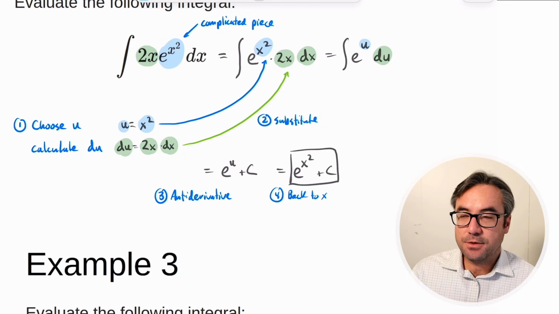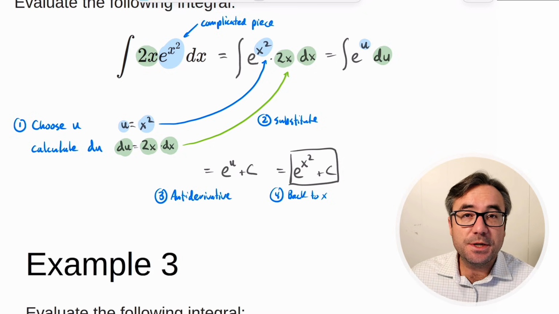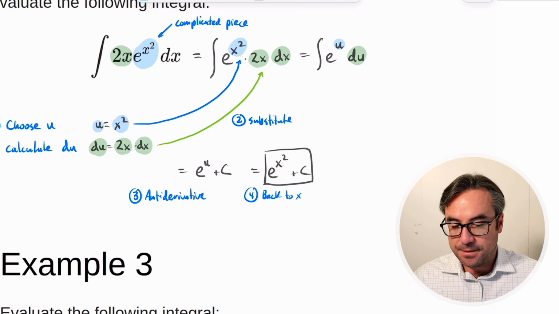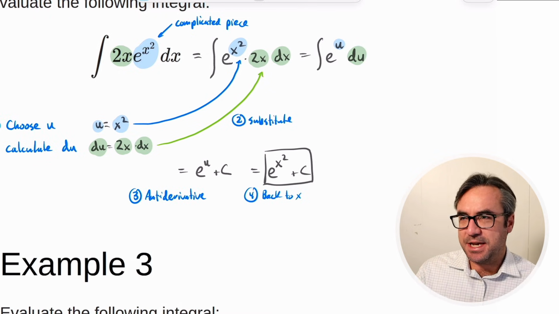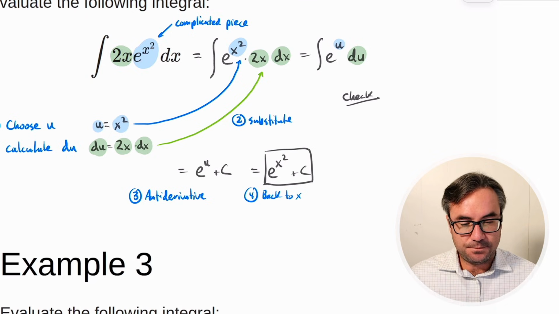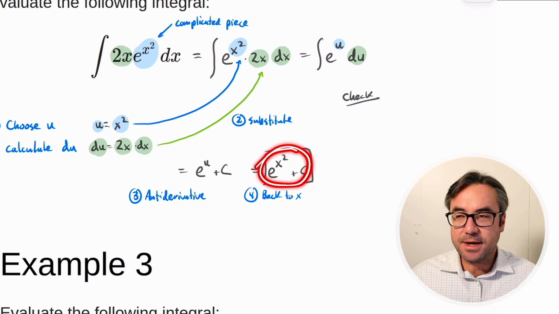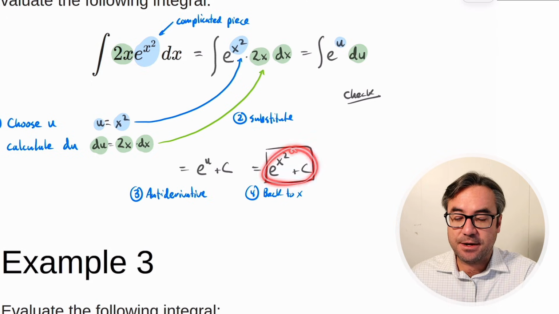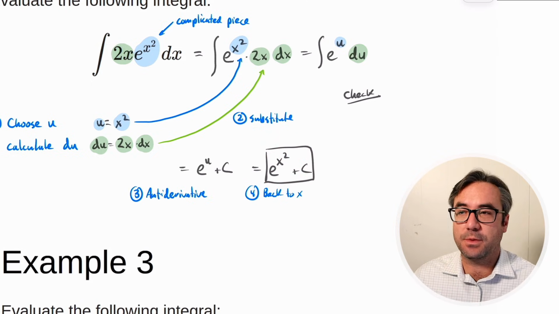And the nice thing about this is you can always check your answer. So, if you think you may have made a mistake somewhere, how can we check this? Well, the idea is we can take that answer that we got, and if we differentiate it, we should get back the function that we started with.